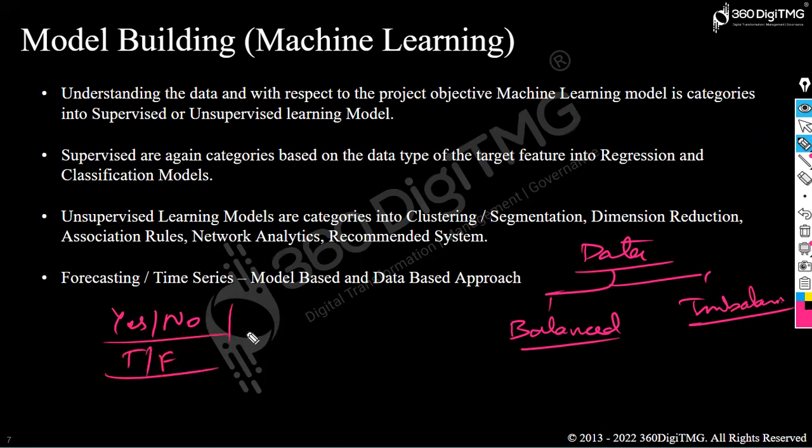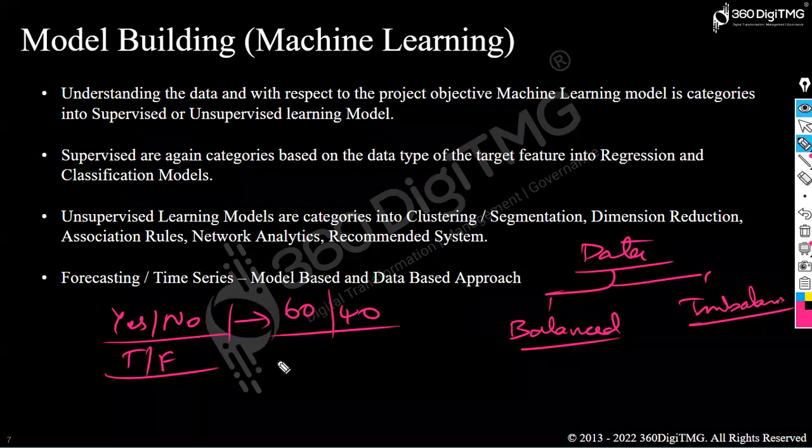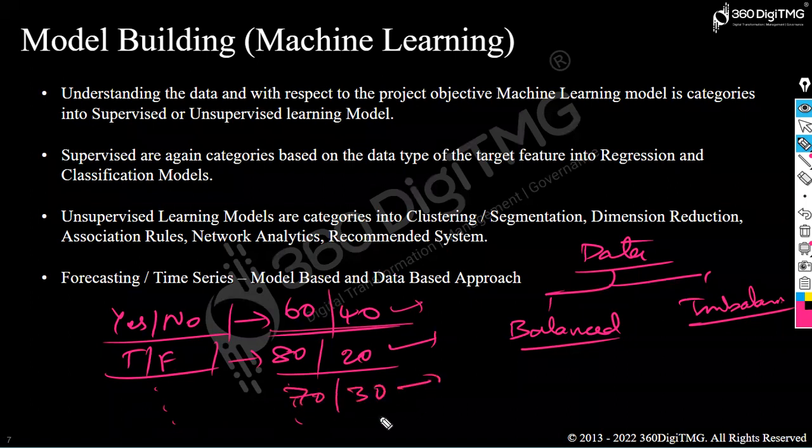The yes option is 60% and the no option is 40%. The true option is 80% and the false is 20%. Like this, you will have categories of data. We say that this is somewhat balanced, this is completely balanced, and this is also balanced.